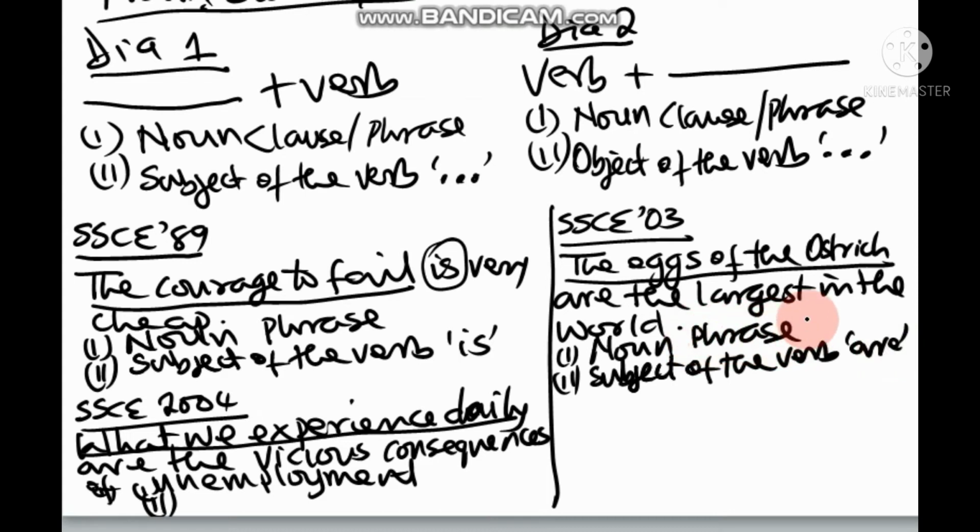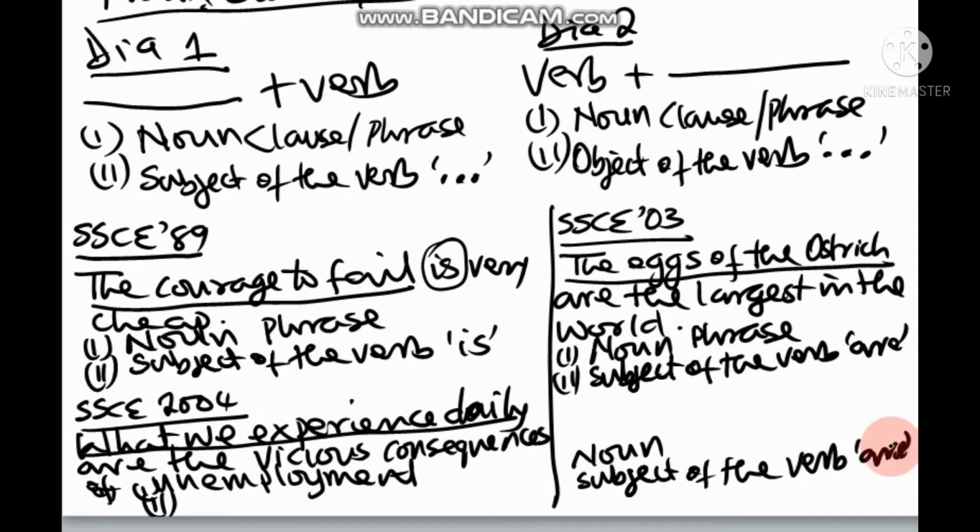But if you look at the third example, it is still the same underlined word plus verb. So it still gives you the same noun, subject of the verb are. But if you go back to the underlined word, you notice that it contains a finite verb.